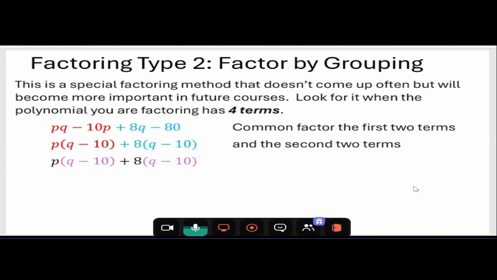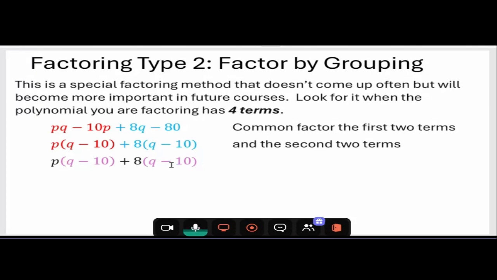Now, how often does this happen in the real world? Not very often. By real world, I mean if you were to make up random questions with 4 terms, very, very rarely would factoring by grouping work. But when it does work, it's a nifty little tool. So if you don't get matching brackets here, if these 2 brackets don't work, then back to the drawing board.